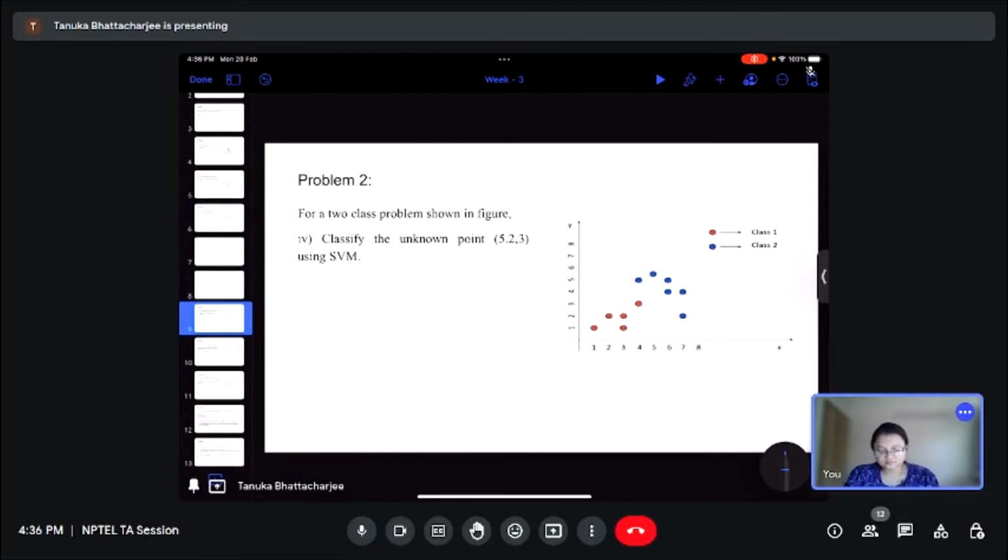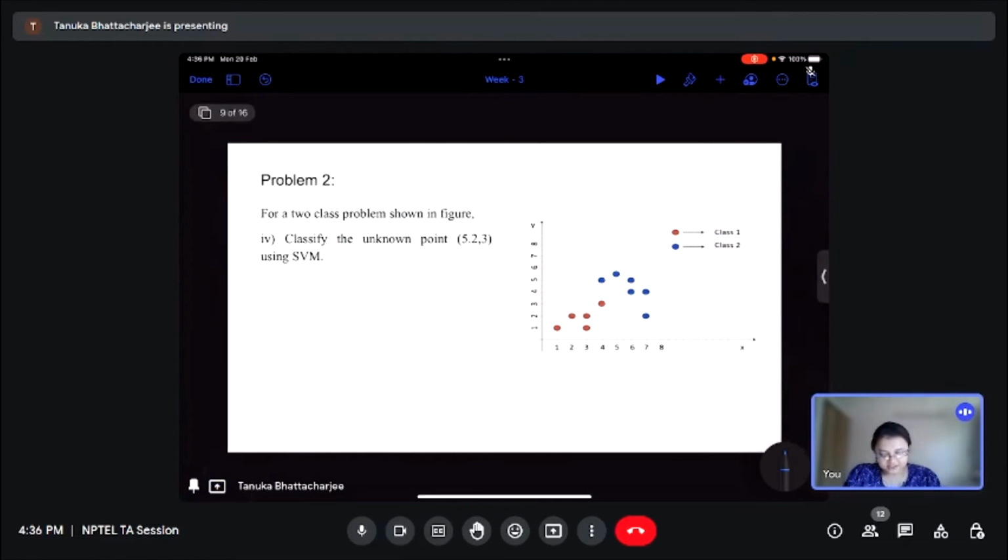Okay. Now let us move on to the next question. So now we have the question as classify the unknown point 5, 3 using SVM. So our decision surface, as we saw, is x plus y minus 8 equal to 0. Now first we should determine which side is the positive side and which side is the negative side.